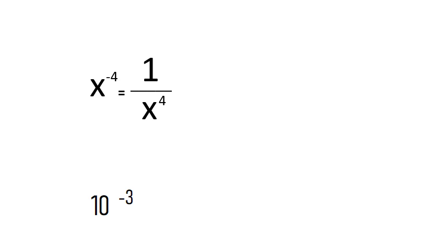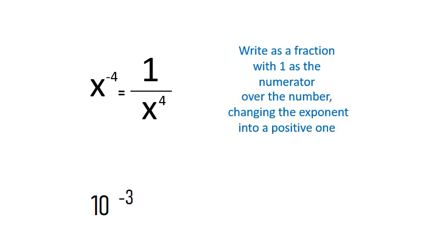In this case, I have a variable x to a negative power. Whenever you have a variable to a negative power, you can write it as a fraction with 1 as the numerator over the variable or number, changing the exponent into a positive one.